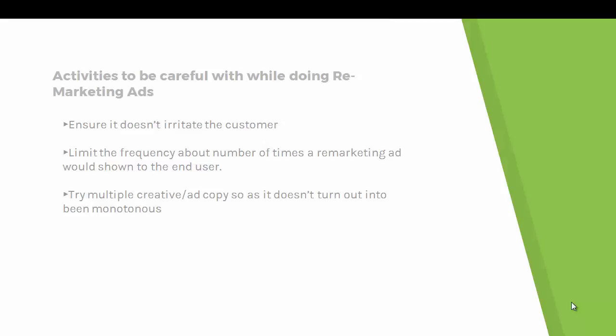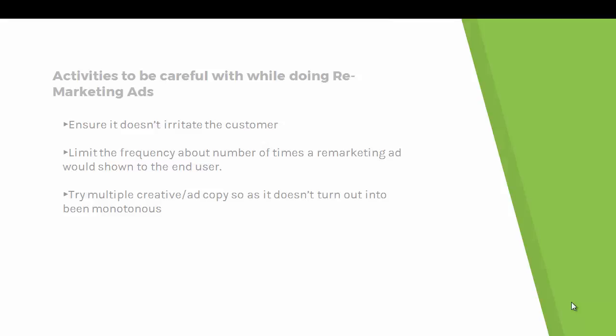A better alternative would be to make multiple creatives, so that even if your product or service is shown again and again, it is shown with a different communication, with a different image or a new ad of your brand appearing to that end user.